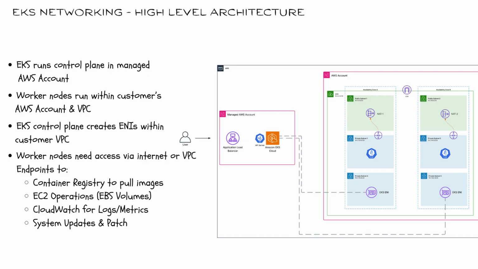Additionally, the worker nodes need access to AWS services for tasks such as pulling container images from Amazon ECR, managing EBS volumes via EC2 APIs, sending logs to CloudWatch, and applying patches or updates. This access typically happens via VPC endpoints or through a NAT gateway, since it is best practice to keep your worker nodes in private subnets to enhance security and reduce exposure to the public internet.